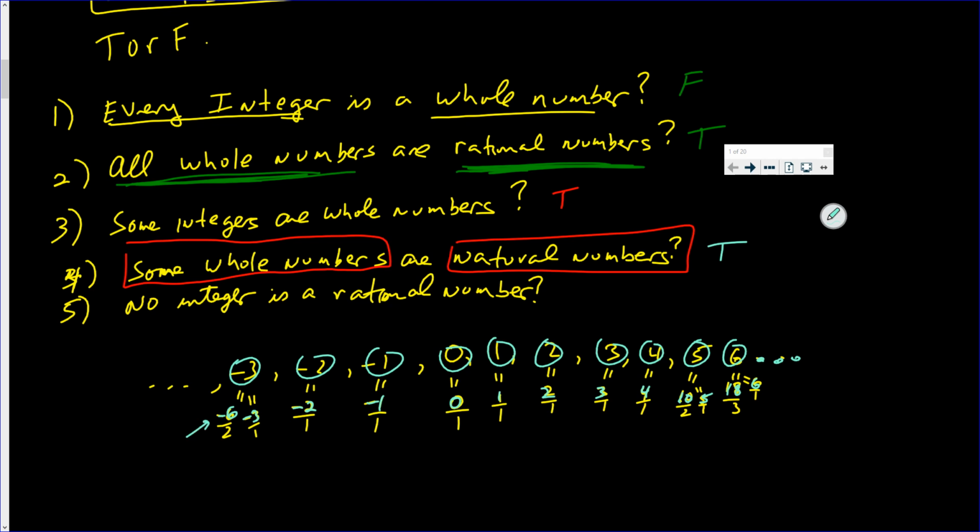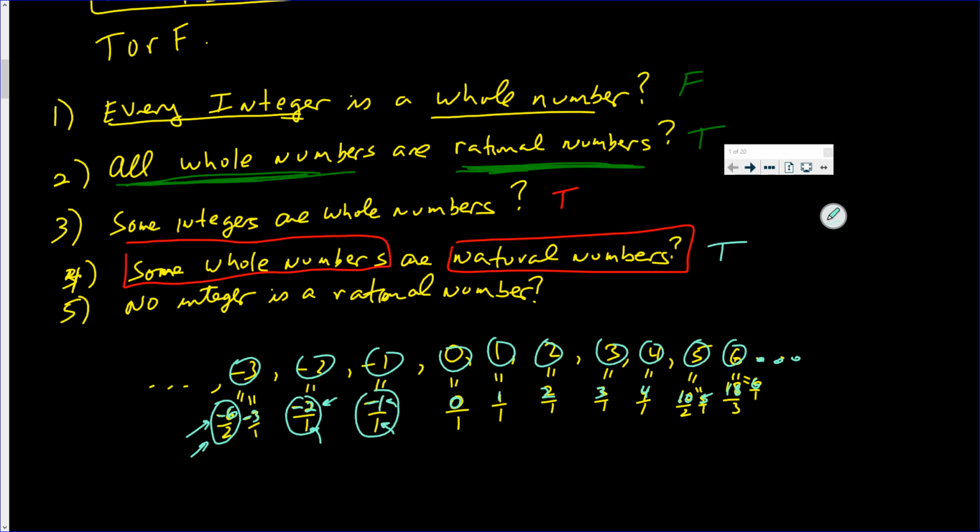-6 is an integer, 2 is an integer, and it's not 0. I wrote -3 as a rational number. -2 is an integer, 1 is an integer, and it's not 0, so this fraction is rational. This is an integer, that's an integer, the bottom's not 0.